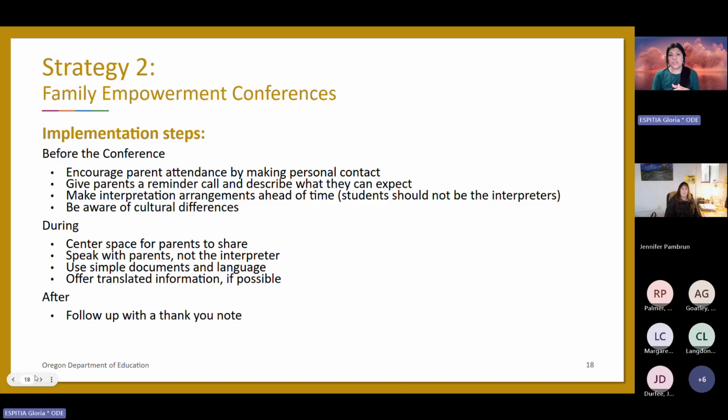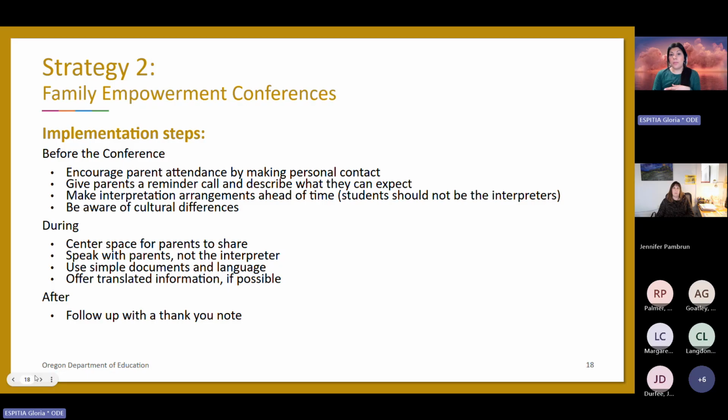Before the conferences, we should actively encourage attendance by providing bilingual education, offering childcare when possible, and making personal contact with families, either by phone or through in-person invitations and flyers, scheduling specific appointment times and confirming that those times work, being flexible with their schedule and adjusting our schedule depending on parent availability.